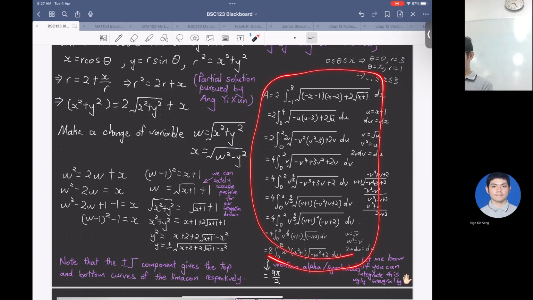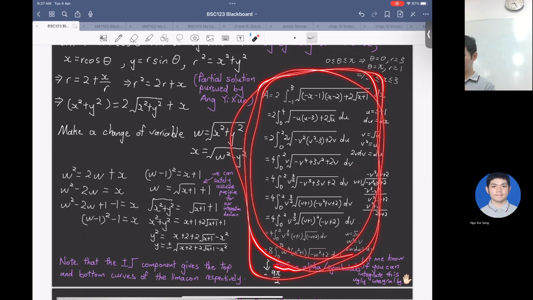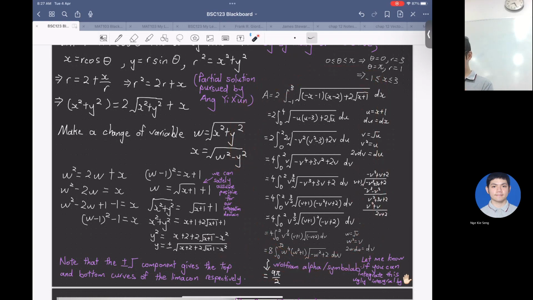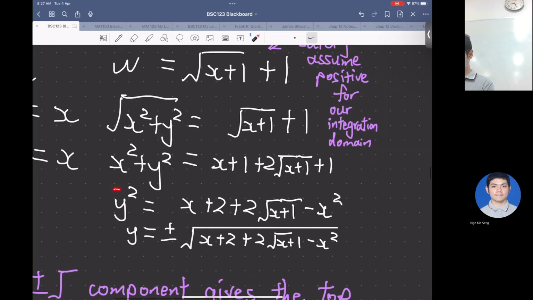For this one, I spent the whole afternoon doing this. It turns out to be the right answer, so it's good. And this is the Cartesian graph for that circle.